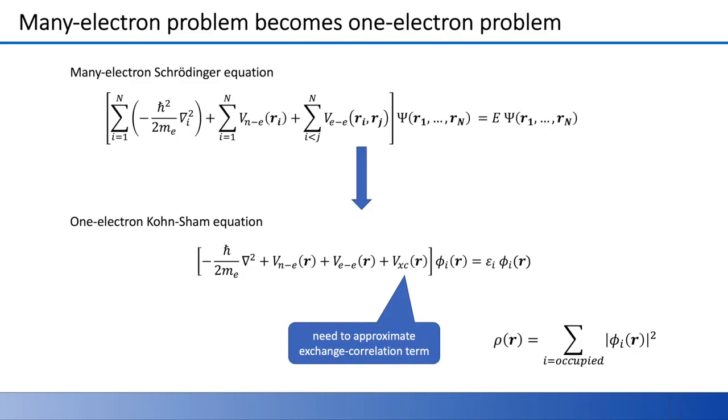The electron density is obtained by summing up the squared wave function for all occupied energy states. In principle, density functional theory is exact for the ground state electron density and the total energy, but this exchange correlation term as the functional of electron density is unknown and must be approximated.